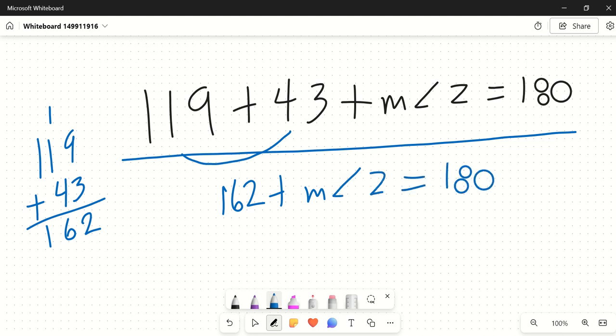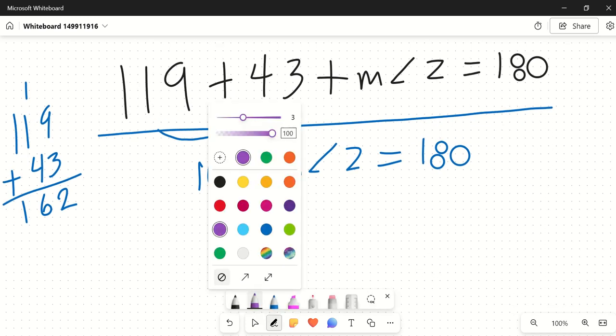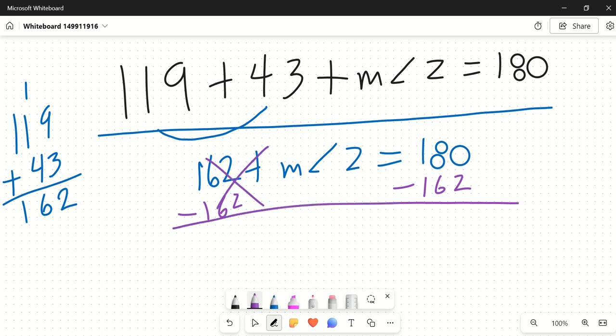Who can tell me what my very next step is going to need to be? Andre. To which one? 180 minus 162. I have to get rid of this 162 from both sides. This will cancel out. I will now have my answer.